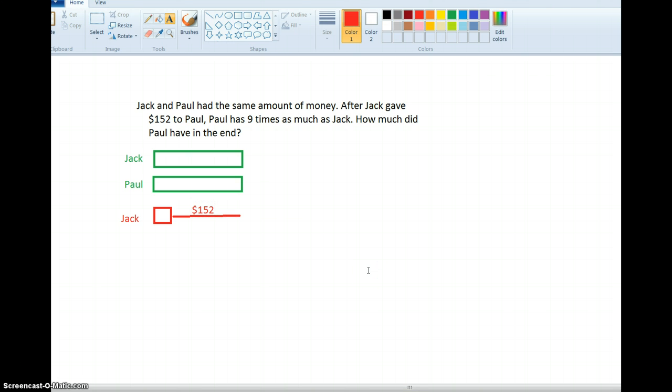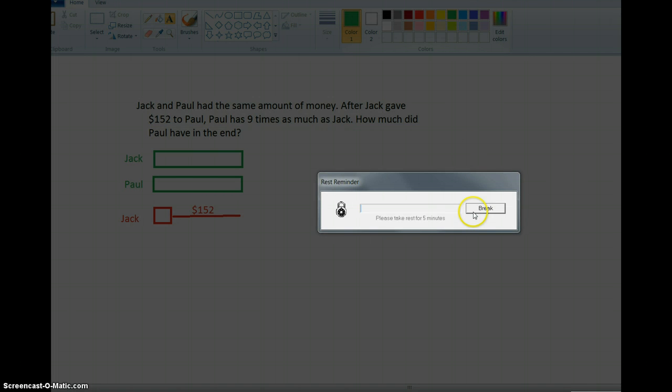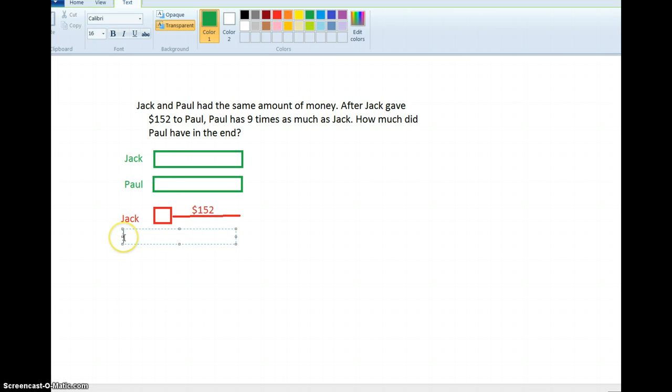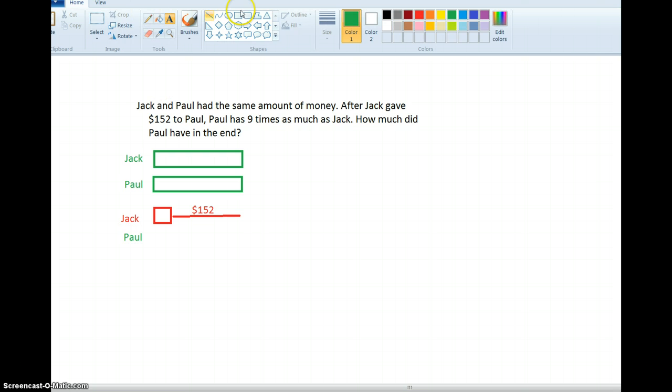And Paul would have had $152 more than what he had just now. So this is how much Paul had just now. And he would have been given another $152 more.